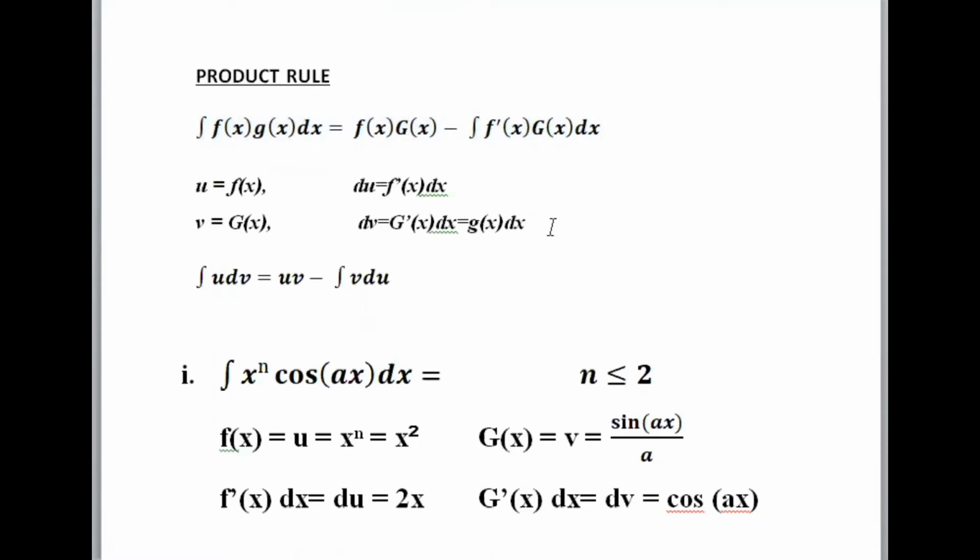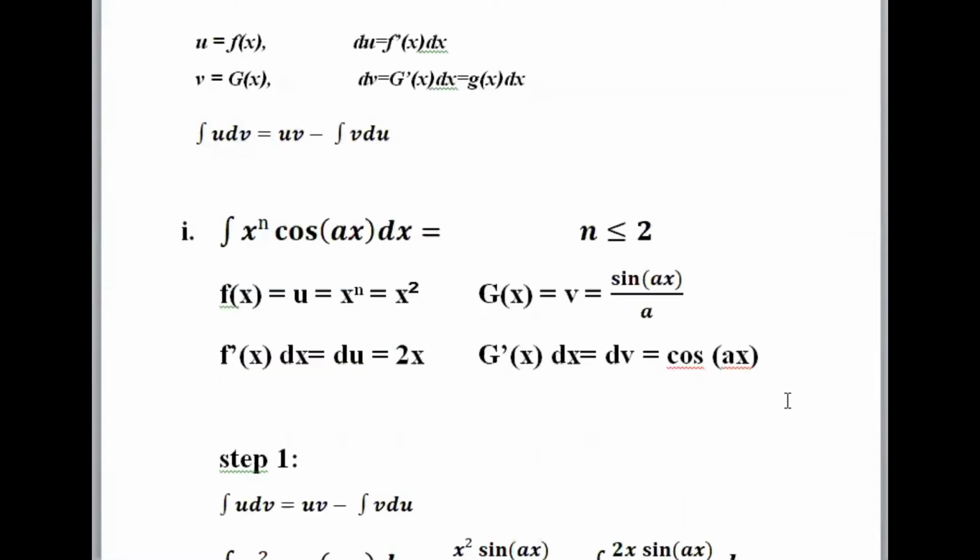For this formula, we can use the alternative form, which is u equal to f of x, v equal to g of x, and du equal to f prime of x dx, and dv equal to g prime of x dx equal to g of x dx. So we get the alternative form: integrate u dv equal to uv minus integrate v du.